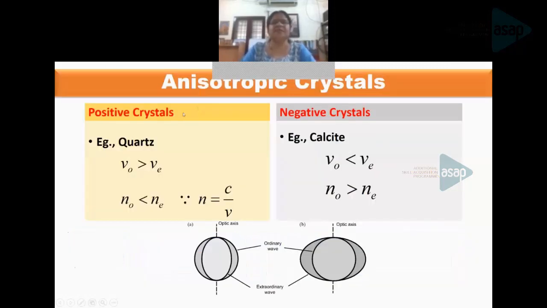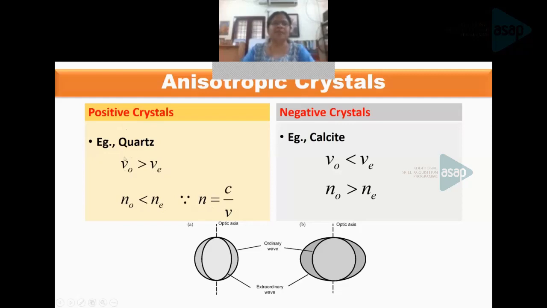In the case of positive crystal, for example quartz, the ordinary ray travels faster than the extraordinary ray. Therefore, the refractive index for the ordinary ray is less than that of the extraordinary ray because refractive index and velocity are inversely proportional.